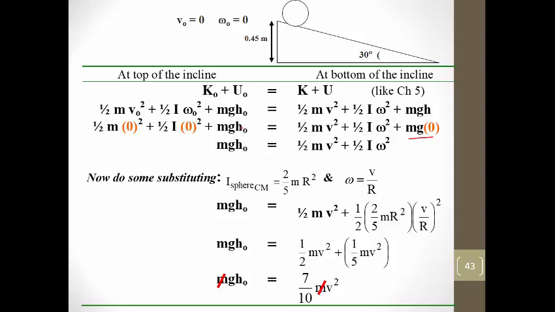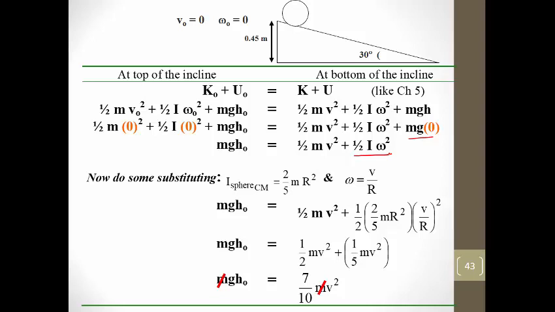Just like if we had a box going down our incline, except that we have to worry about the shape of the object because it's rolling. We're not worried about friction. There's just enough friction to make my object roll, but not enough friction to mess up my conservation of mechanical energy. So there's my moment of inertia of my sphere.